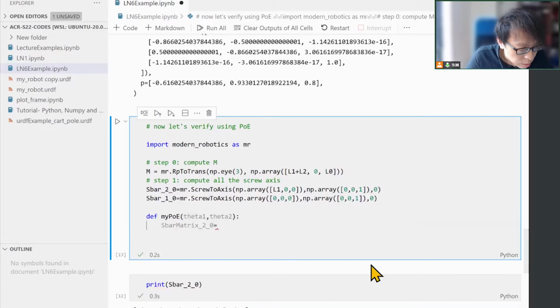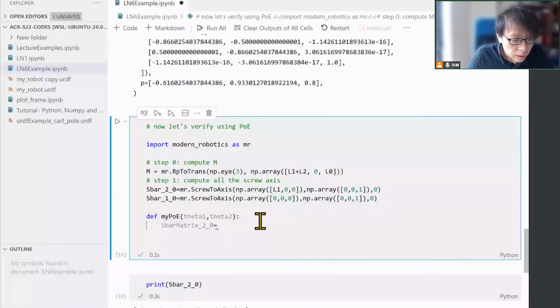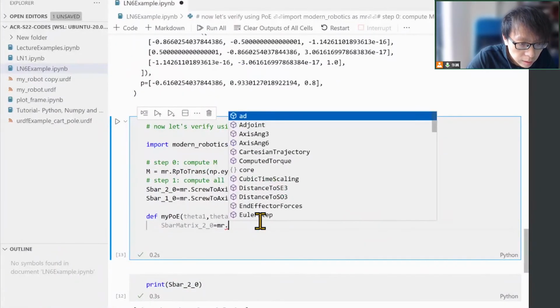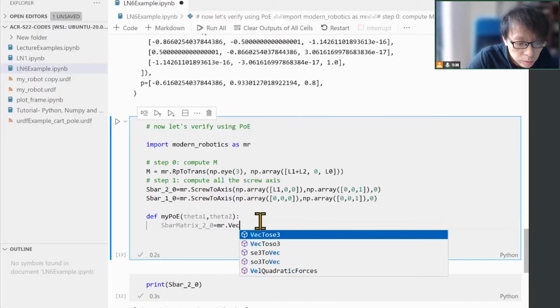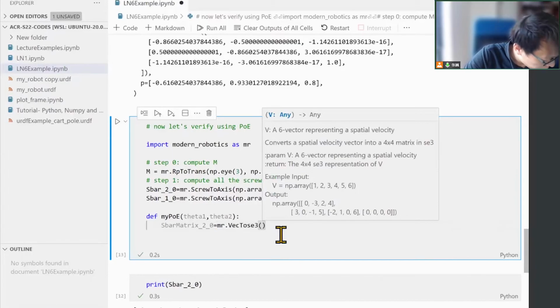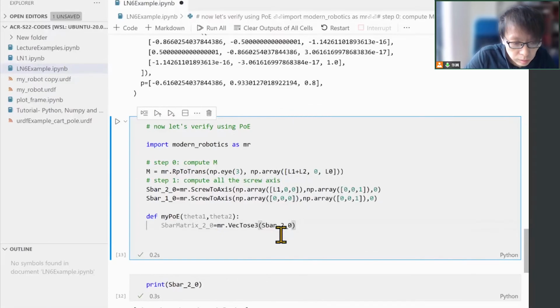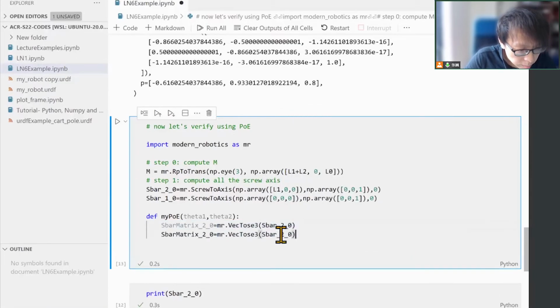What I'm trying to do now is take the matrix representation of this times theta 2, and MR has a convenient way to do it: vector to SE3, the matrix representation of the twist in se3. Similarly, we do this for S bar 1 in 0.